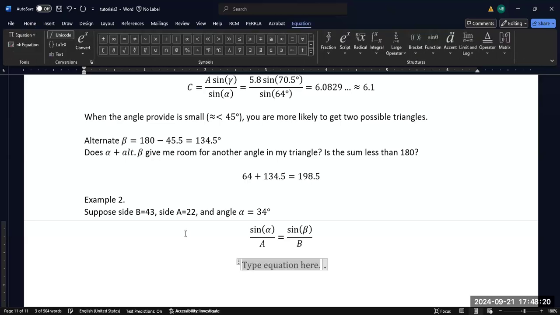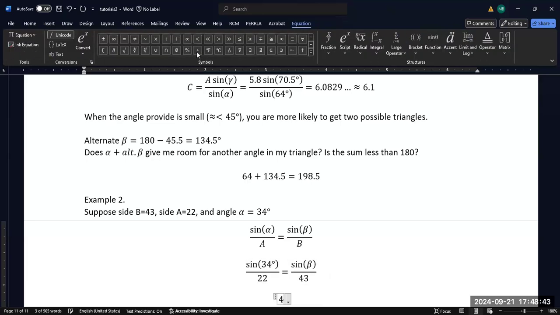So sine of 34 degrees divided by 22 is going to be equal to sine beta divided by 43.